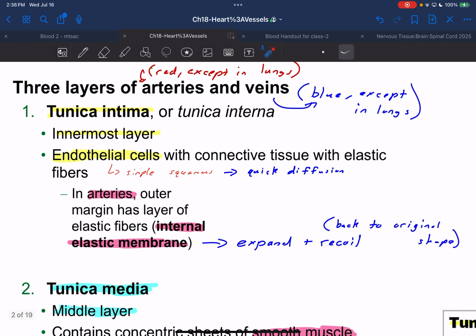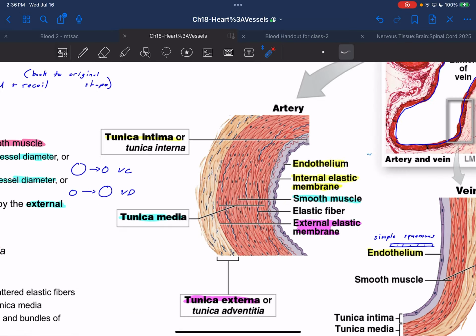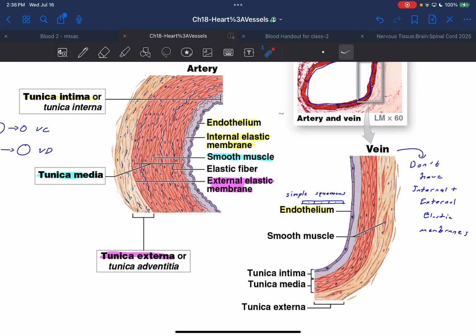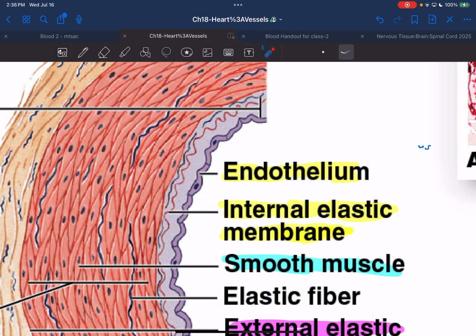Endothelial cells, if you look at this tunica intima of both layers, the most intimate, the deepest layer, is this one that's in contact with the lumen where the blood is flowing, where plasma and all those formed elements are flowing. Tunica intima is the first layer, and if you look closely, it's made out of simple squamous.